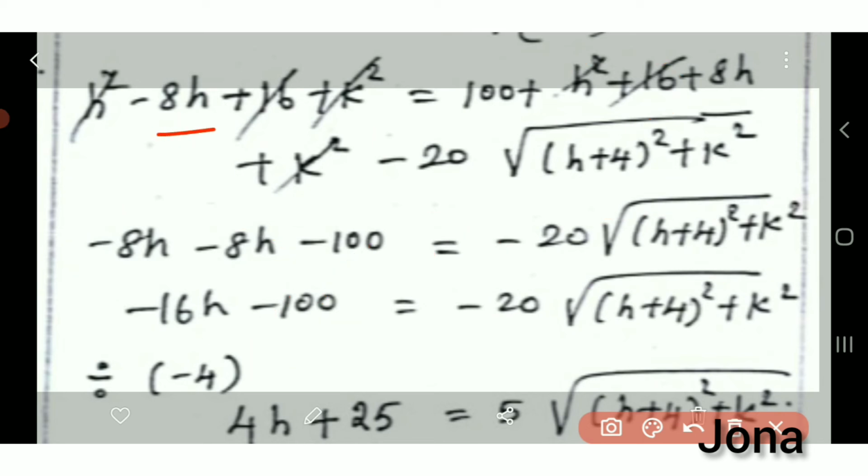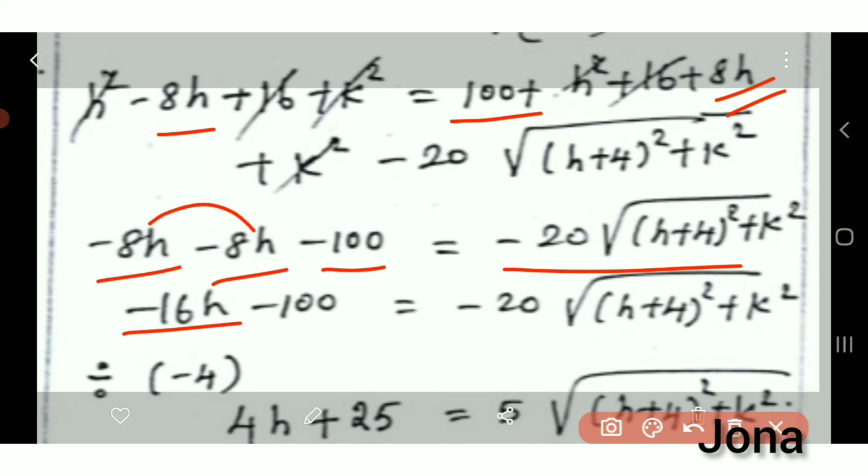Keep this minus 8h as it is and take this plus 8h to the other side, it will become minus 8h, and take this 100 to the other side, it is minus 100. And here we have simply minus 20 root of (h + 4)² + k². Now simplifying these two, we have minus 16h minus 100 equal to the right hand side as it is.